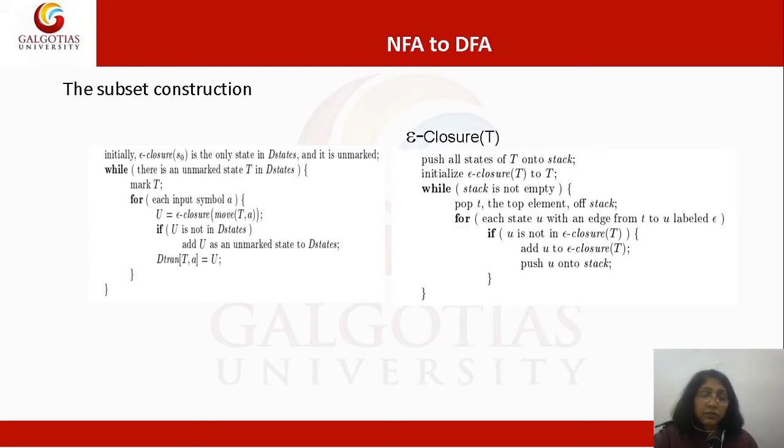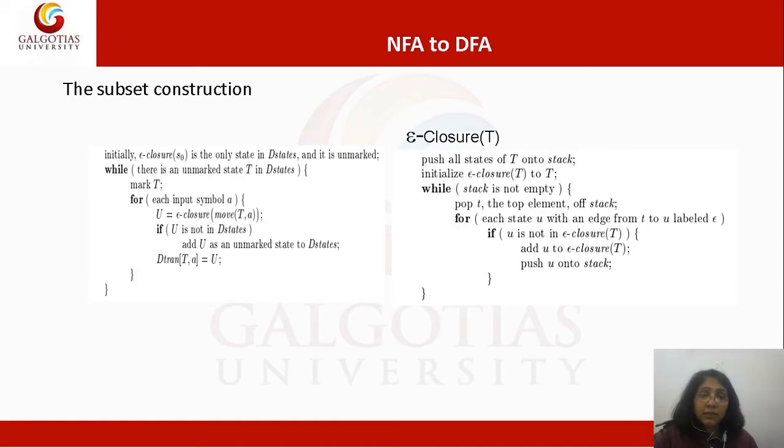As I have mentioned, this T is a set of states. So T includes multiple states, not necessarily a single state. First we are going to push all the states which are present in T onto a stack. Then we initialize epsilon closure of T as the states which are part of T. Then we use a while loop, where we perform the operation as long as the stack is not empty.